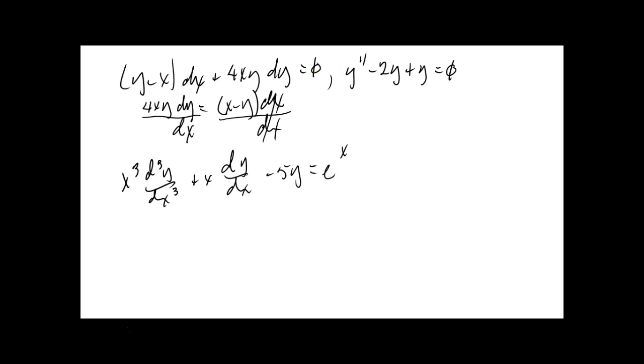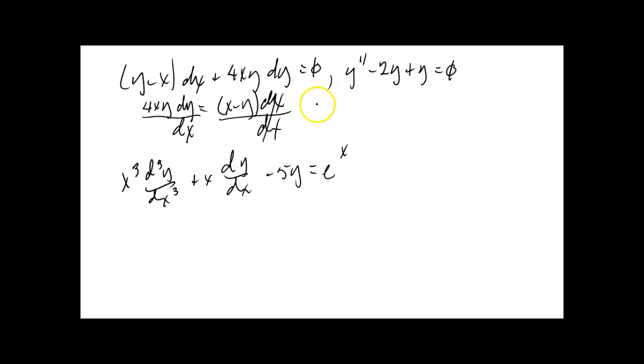I really didn't have to subtract like that. I could have just divided by dx on every term, and that would have given me the same thing. So let's see what we got.